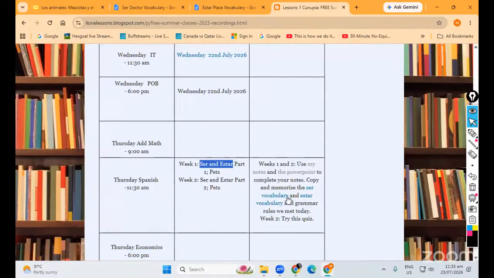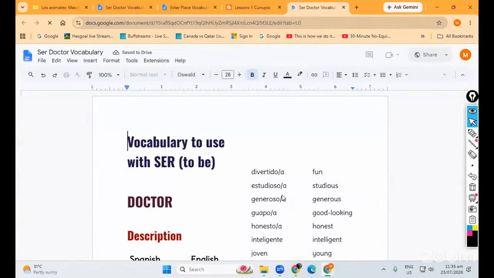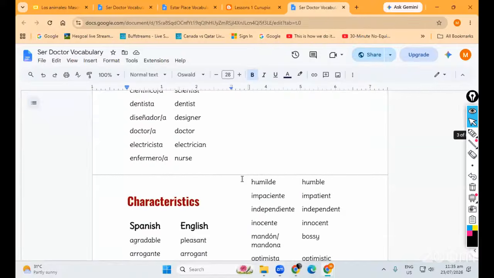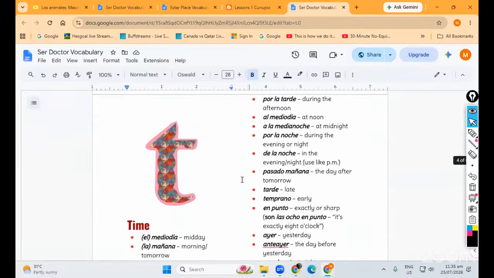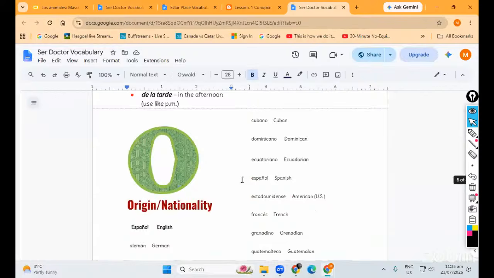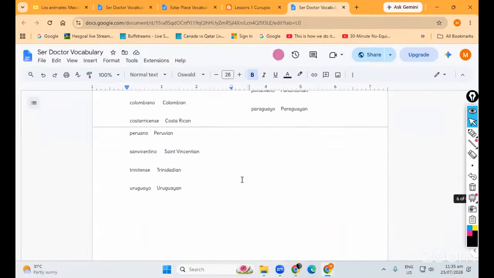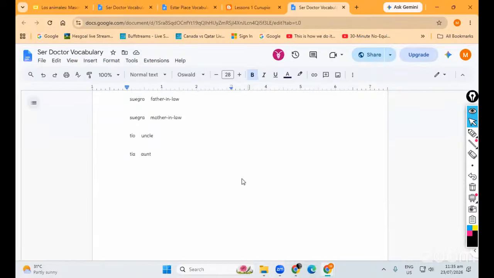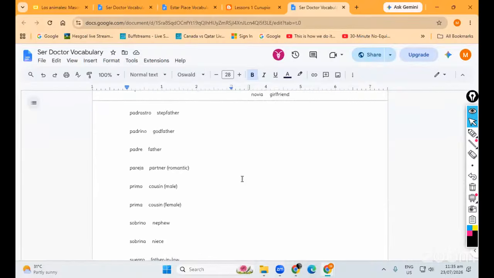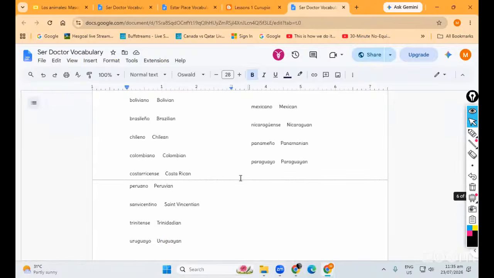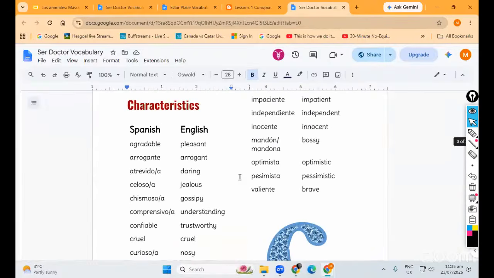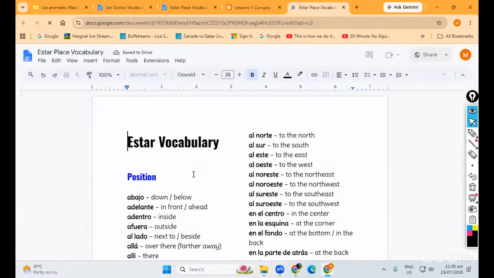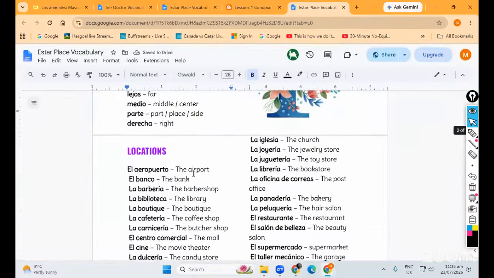So here, when you look at ser vocabulary, you will get a list of those words, right? It's not 100% complete. It's not all the words in the language. It's words in the language that you are likely to need as a Caribbean student who may do CSEC Spanish or who is learning Spanish to use in the Caribbean, right? So there's one for ser, and then the other link takes you to the vocabulary you would use with estar, right?